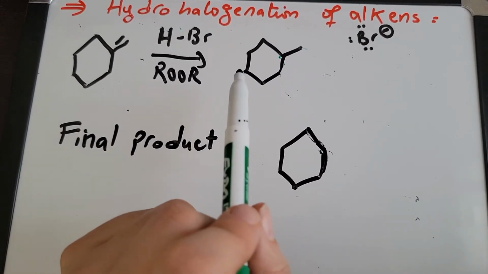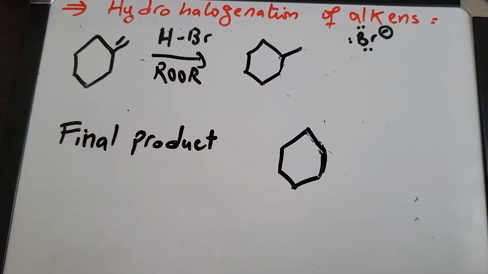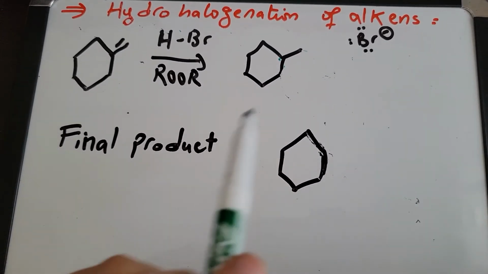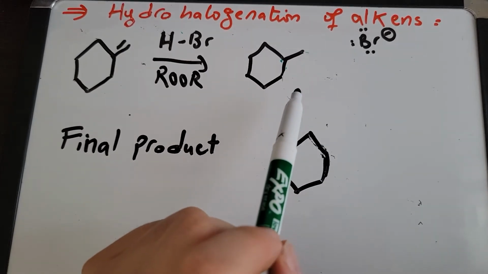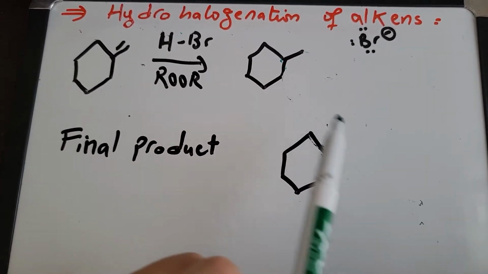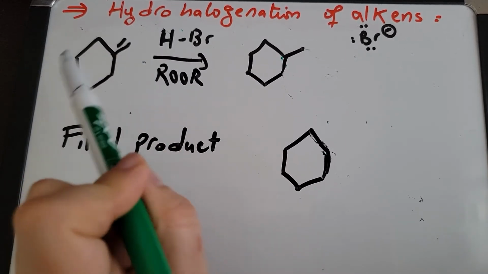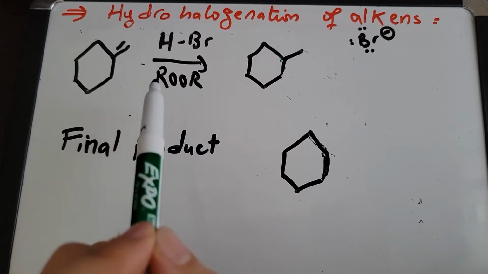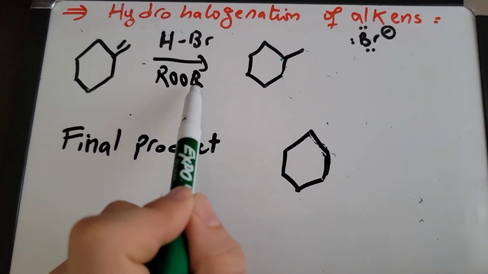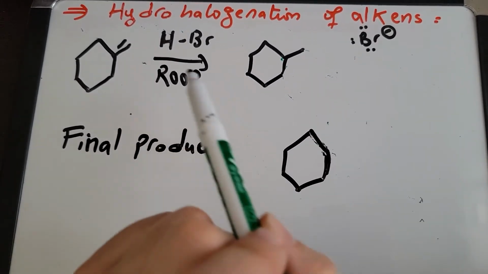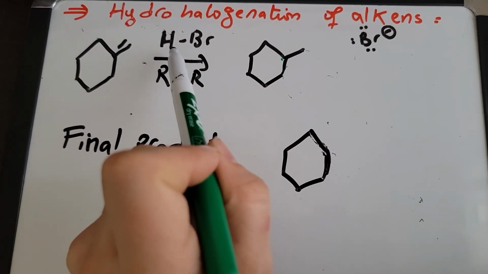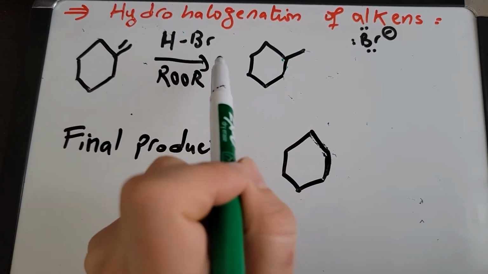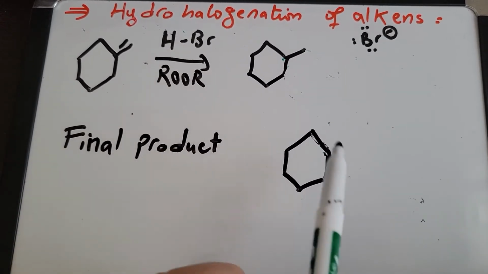Usually we apply the Markovnikov rule when it comes to hydrohalogenation reactions, but this time we are applying what's called the anti-Markovnikov rule, meaning that when an alkene is reacting with a halogen in the presence of an alkyl peroxide, ROOH for example, the hydrogen atom is bonded to the most substituted carbon and the bromine atom is bonded to the less substituted carbon.